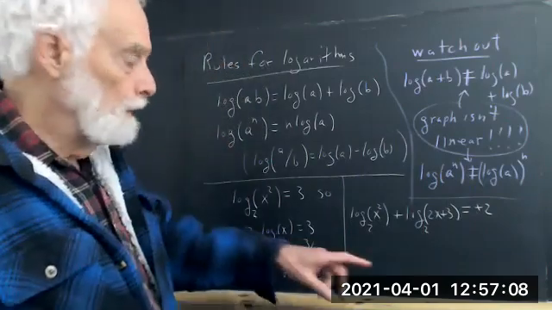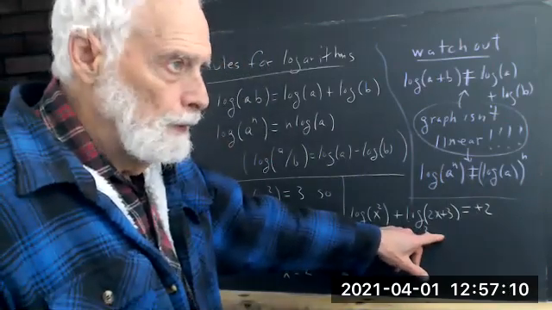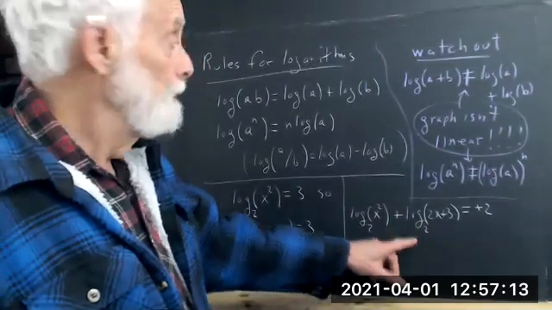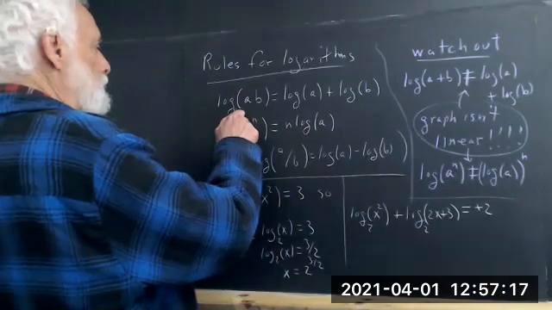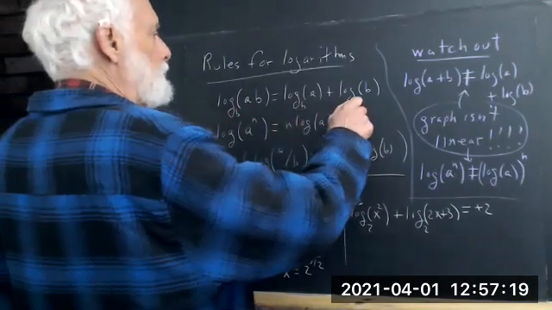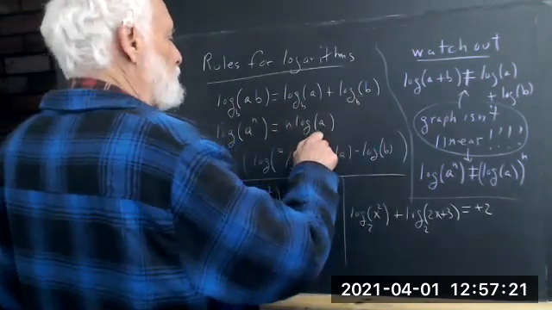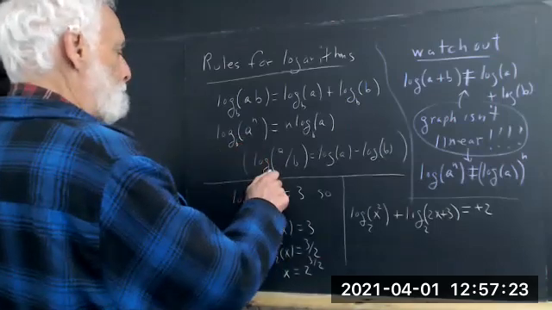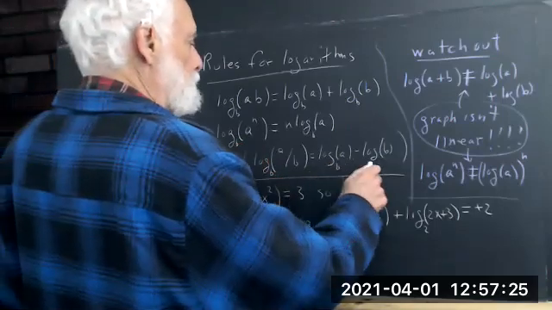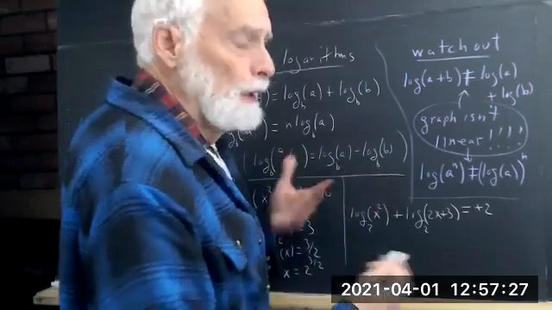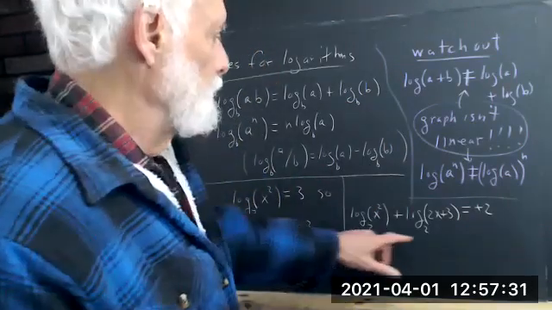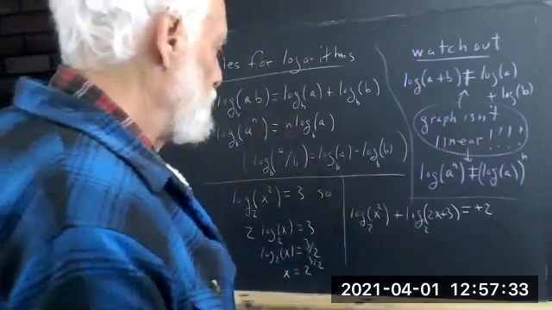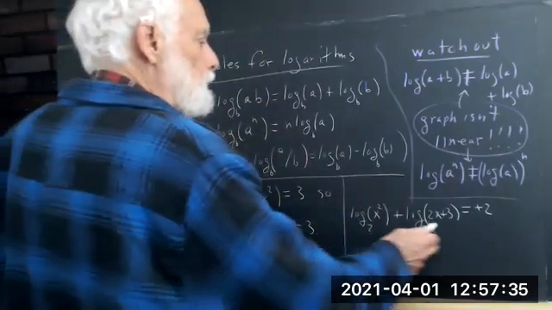Now here we have a sum of 2 logs with the same base. And I haven't put bases on these. Let me go ahead and do that. This applies no matter what the base of the log is. So it could be base 2, it could be base 10, could be a natural log, base e. So in this case, we have a base 2 log again. Base 2 logs on both sides.